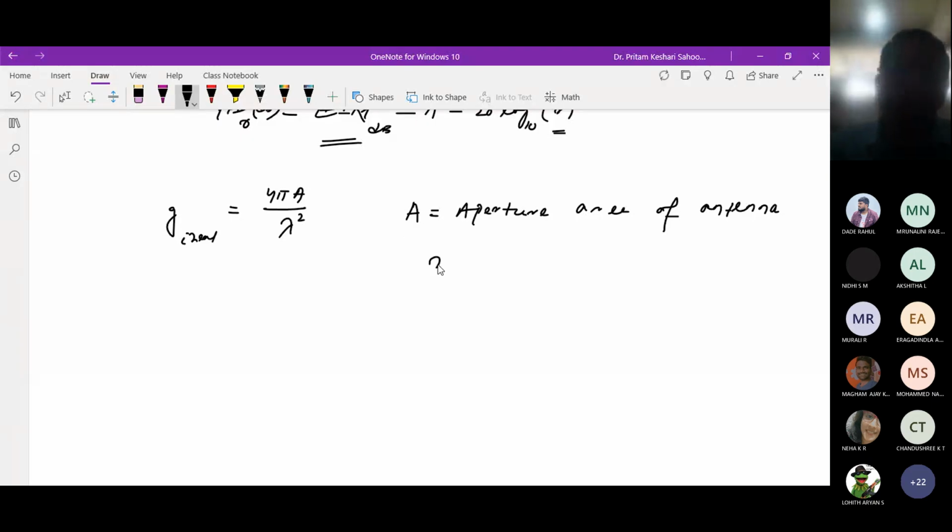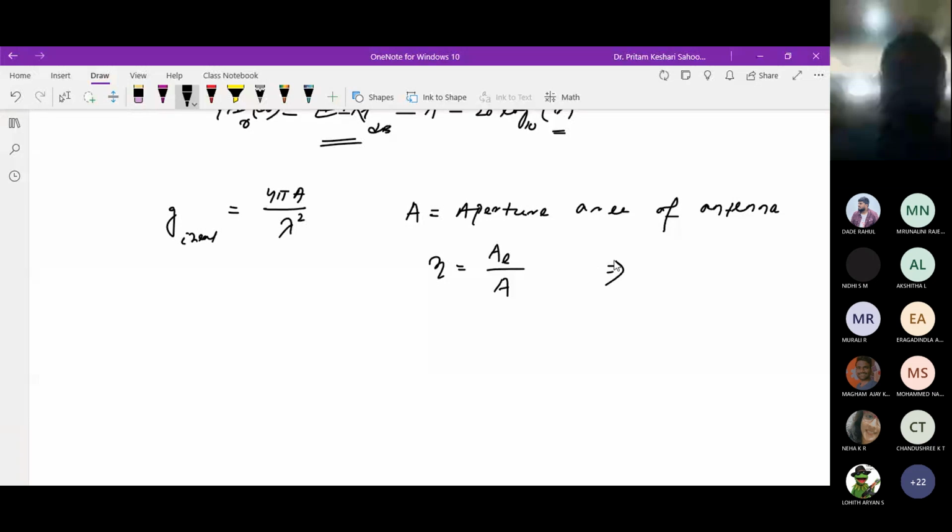So we denoted a term that is called antenna efficiency. Antenna efficiency tells what is the effective aperture of the antenna divided by the ideal or the total aperture area of the antenna. So that is the antenna efficiency.